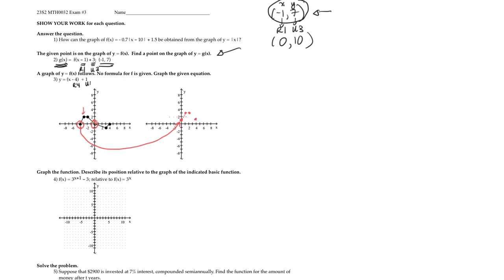So the first part of that graph will look like that. This one is at 3, so I have to go over 7 and up 1, which puts me here. And then this point, it's at 4. If I go over 4, that puts me at 8, and up 1, right there.